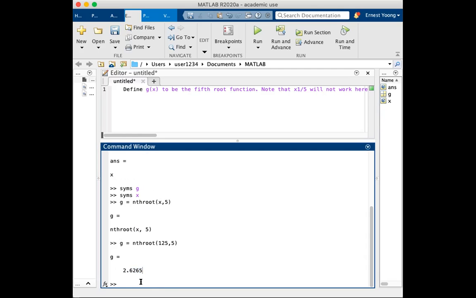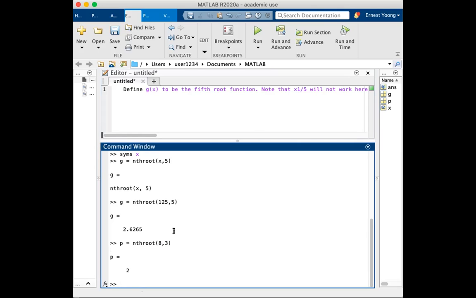Let's say p is equal to the cube root of 8. We should know it is 2, because 2 to the power of 3 is 8, and the cube root of 8 gives back 2. That's how we use this command.